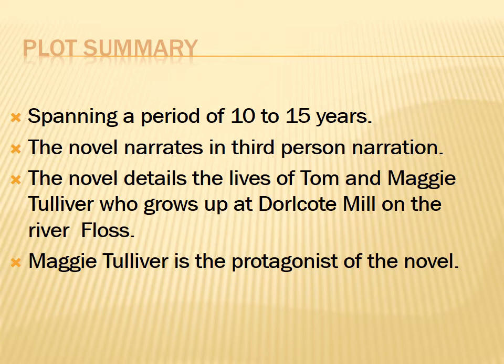When we consider the main characters Maggie and Tom, we can see the character development of Maggie and Tom. The main protagonist of the novel is Maggie, and George Eliot tries to raise her voice using Maggie's character.